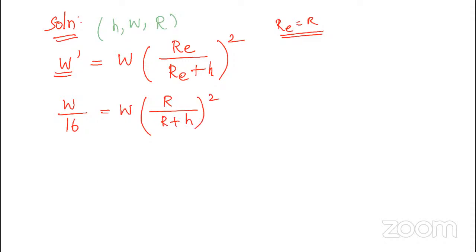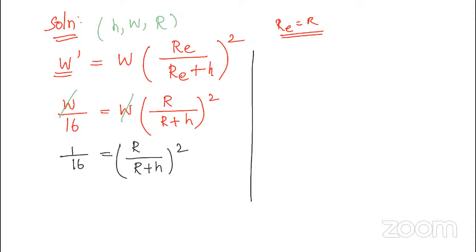Simply, we are taking RE as R, so we can choose R. Now cancel the common term W. What remains is 1/16 is equal to R by R plus H, the whole square.